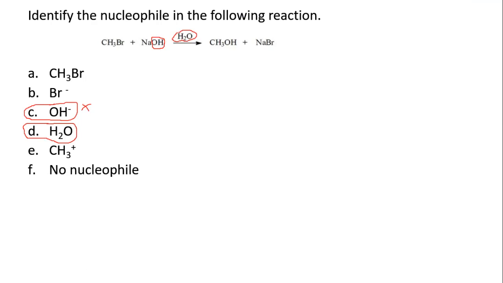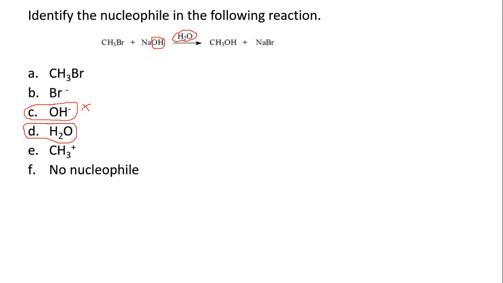H2O is a minor one. It could, doesn't mean it would, but it could undergo a substitution reaction. But again, the major nucleophile is from sodium hydroxide. The hydroxide is a very strong nucleophile, and it's also, we'll learn a little bit, a strong base as well. H2O is a weak nucleophile.